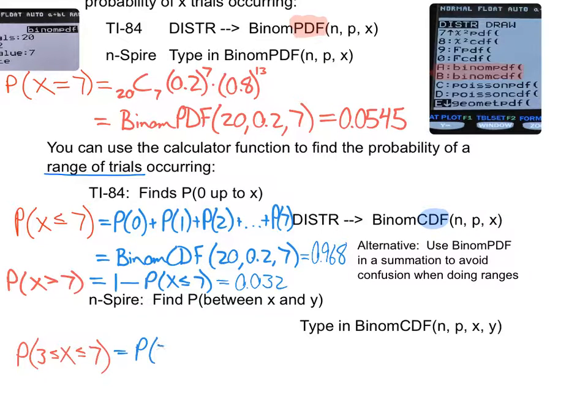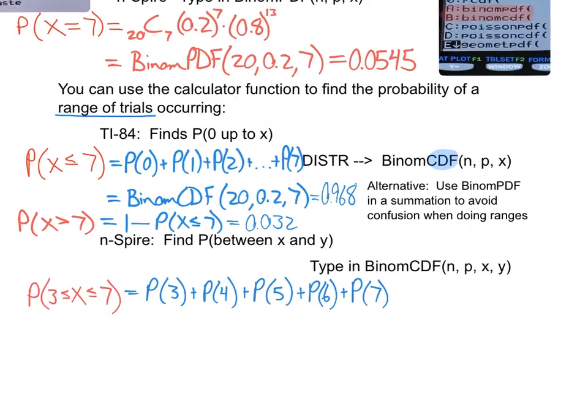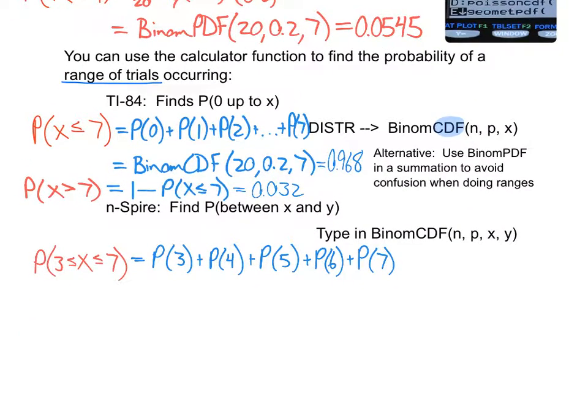Again, what we're doing is probability of 3 plus probability of 4 plus probability of 5 plus probability of 6 plus probability of 7. Now I write that out for a reason. If you want to use the CDF function, you can do it.